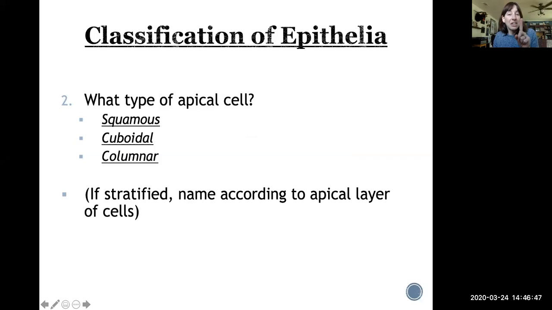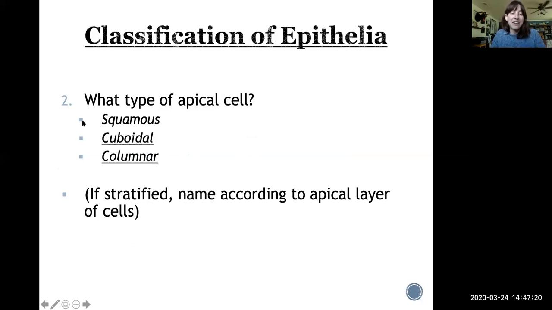First question, how many layers? Second question, what type of apical cell does it have? What do the cells at the apical surface look like? Are they squamous? Are they cuboidal? Or are they columnar? If we're talking about a simple epithelium, it can be simple squamous, simple cuboidal, or simple columnar.